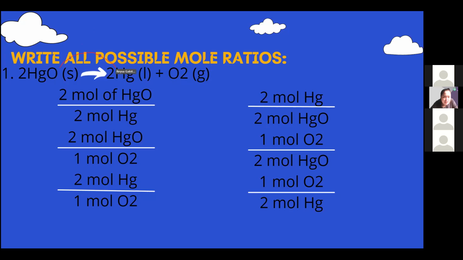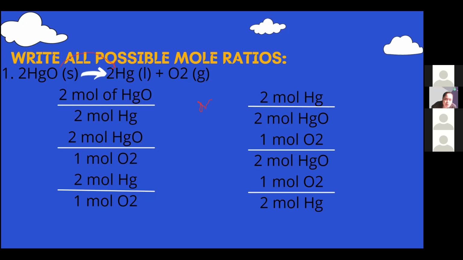Partner natin siya dito. So 2 moles of mercury, or the reciprocal of that. Pwede natin kasi siyang baliktarin, di ba? Remember, depende lang siya sa hinahanap sa problem. So you may also have 2 moles of mercury is to 2 moles of mercury oxide.